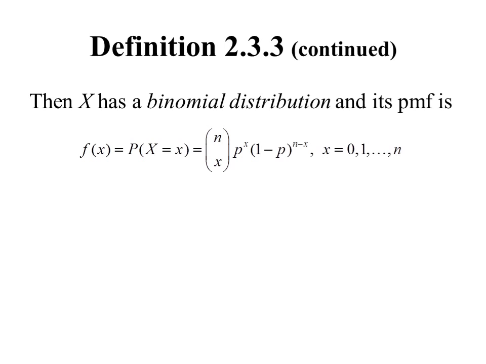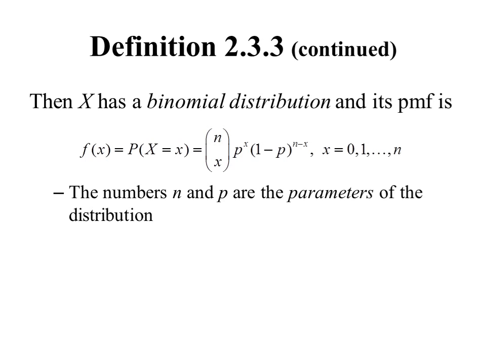Little f of x, by definition, is the probability that capital X equals little x. It's equal to n choose x times p raised to the x power times 1 minus p raised to the n minus x. And here our random variable can take on values from 0 up to n. We can't have a negative number of successes, nor can we have more than n successes in n trials.